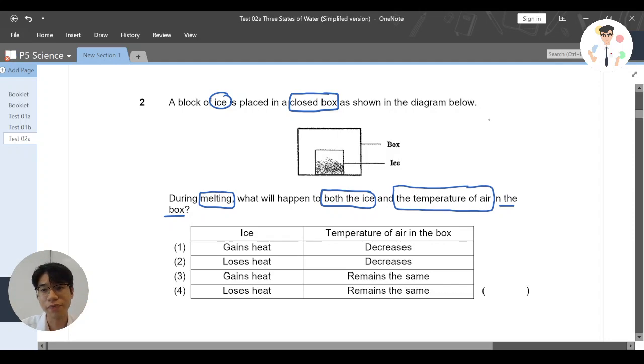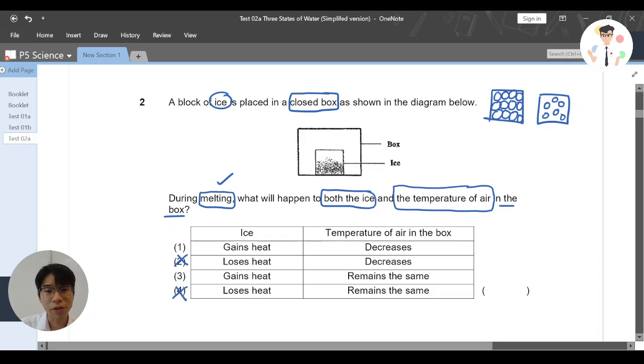As you know, right? In a solid, the particles are arranged very closely. But when it comes to water, I mean liquid in this case, the particles can be a little bit further away. So the heat is gained to break down the particles. Okay, so ice, does it gain heat? Yes, during melting it gains heat, so it's not losing heat. So number 2 is wrong, number 4 is wrong.